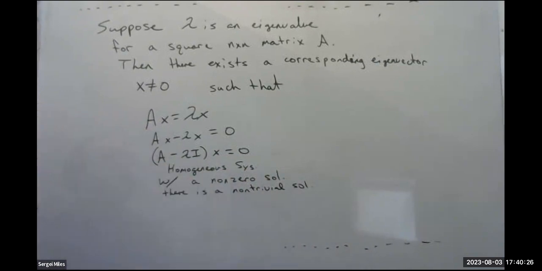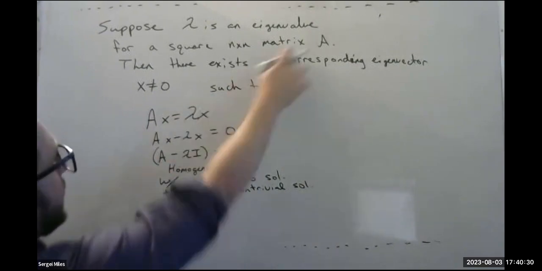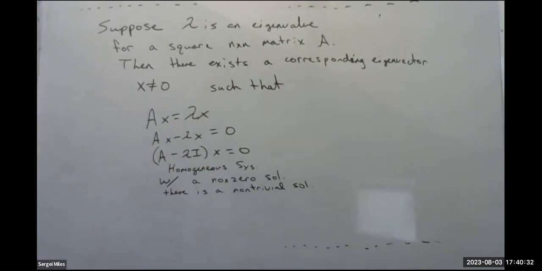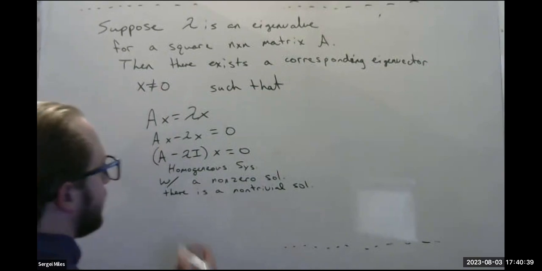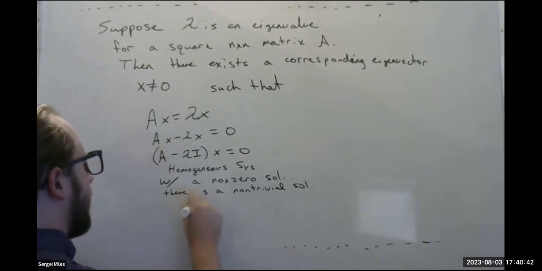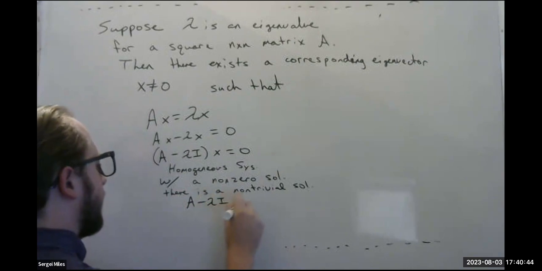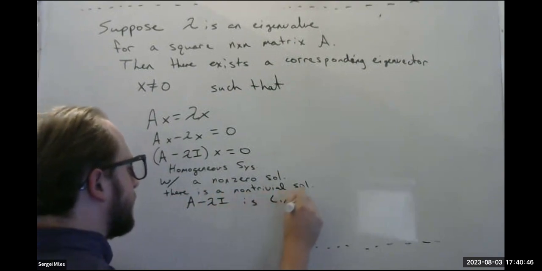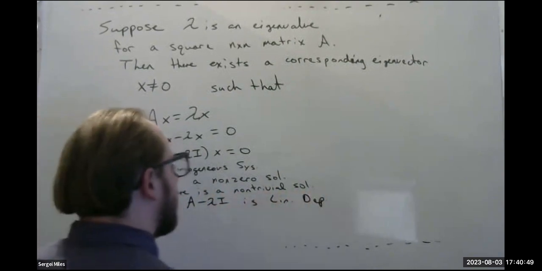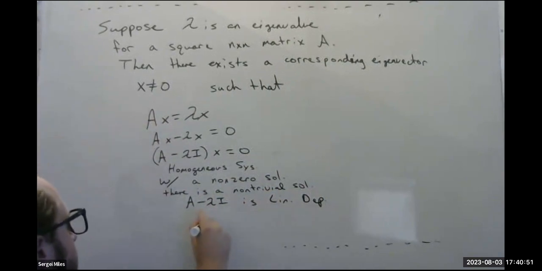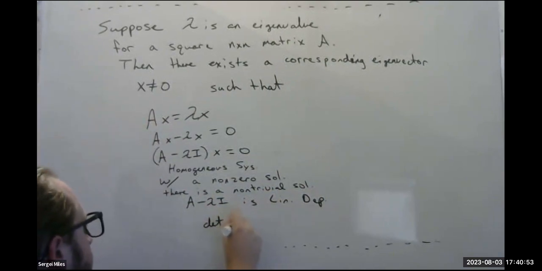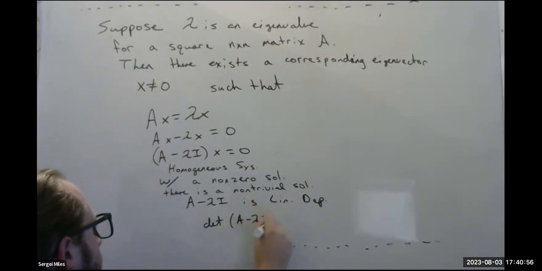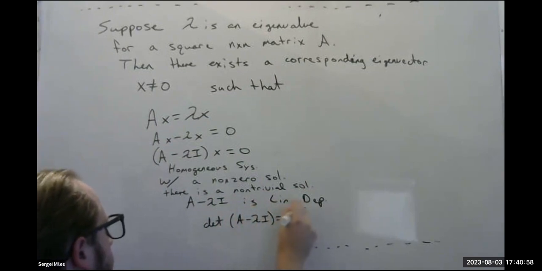And A minus lambda I is a square matrix because A is a square matrix. And we know from the invertible matrix theorem, if you have a non-trivial solution, that means your matrix is linearly dependent. A minus lambda I is linearly dependent. And furthermore, that means the determinant of this matrix equals 0.